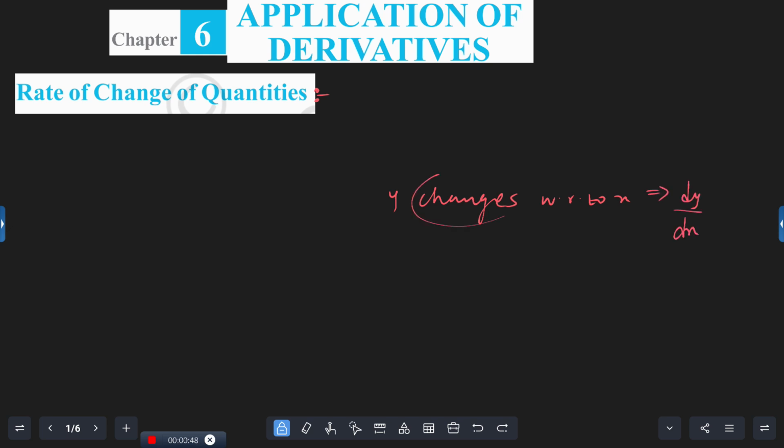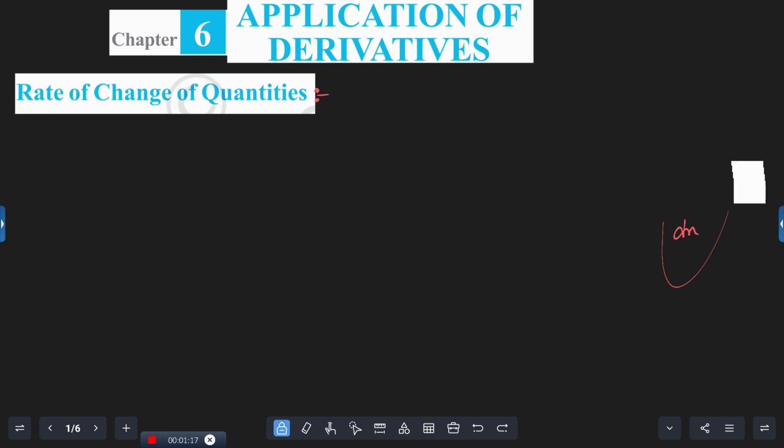So these changes or rates of change, words like increasing and decreasing, they will be using for the word differentiate. Rate of change means we are differentiating with respect to the variable they mention. A quantity is y, the y variable going to change with respect to some other variable. Understand, that is the meaning of rate of change.